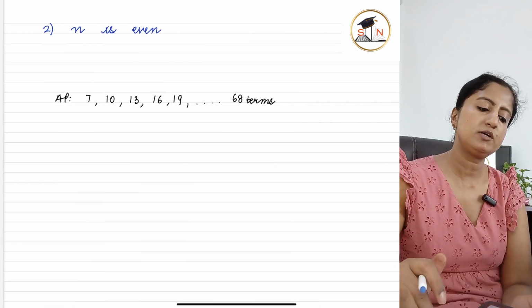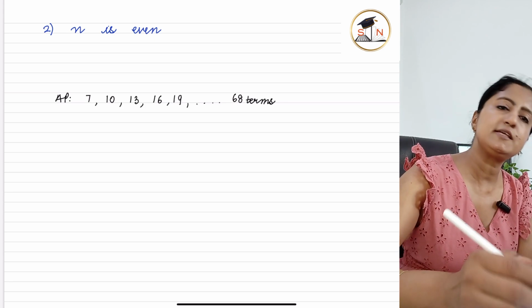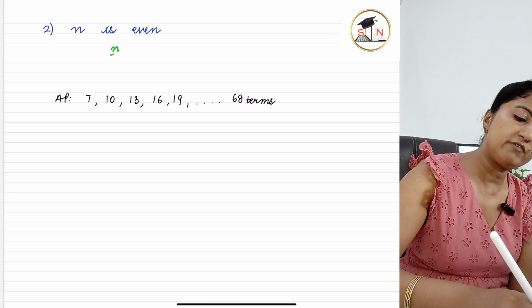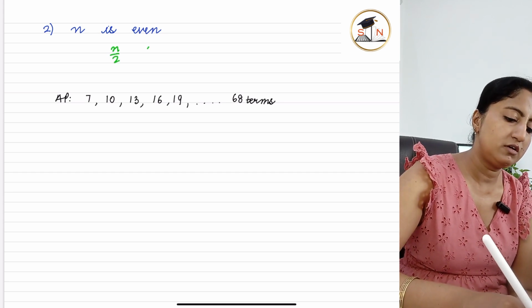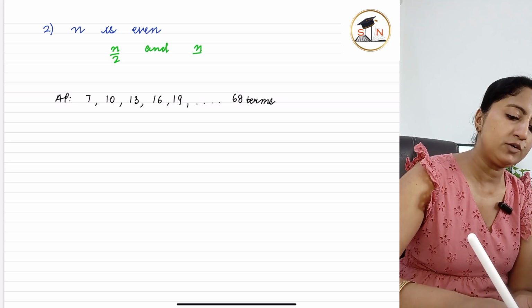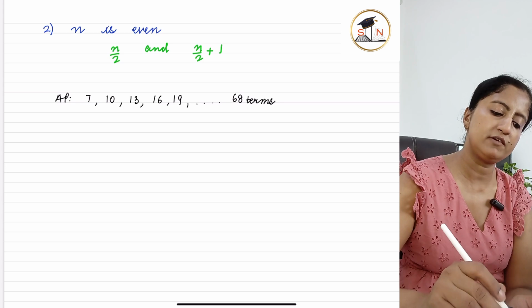Now, let's do a case when N is even. When N is even, there are going to be two parts further. You have to find N by 2, and you also need to find N by 2 plus 1. Let's understand with the given example.